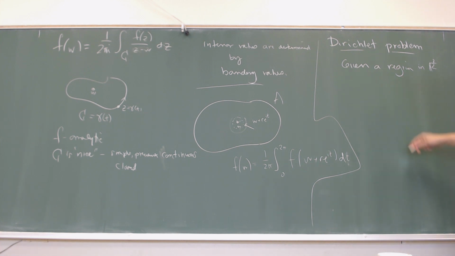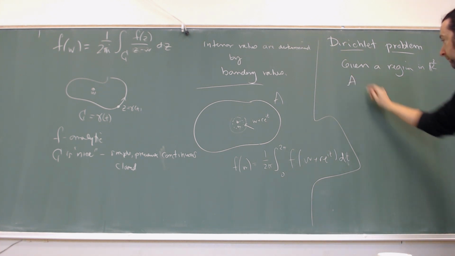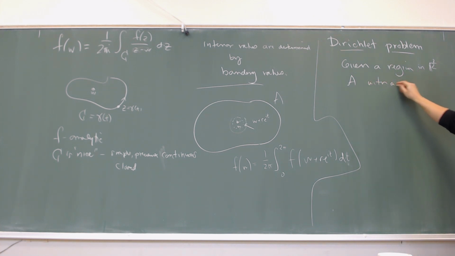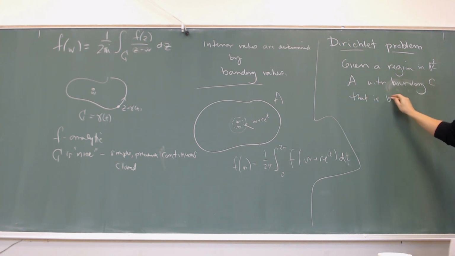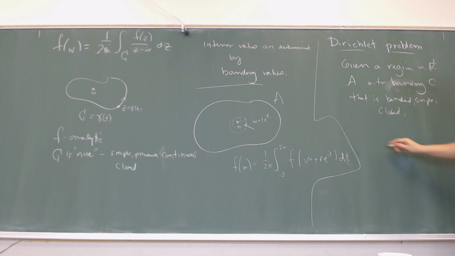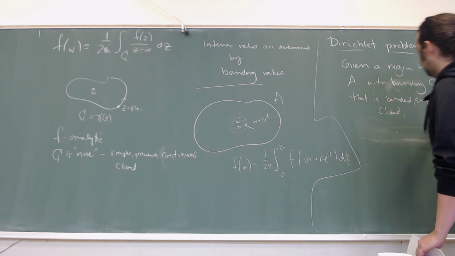Given a region in R2, we'll call it A, with boundary, I guess we'll call it C, that is bounded, simple, closed, find a harmonic function. Okay, that's just the setup so far.